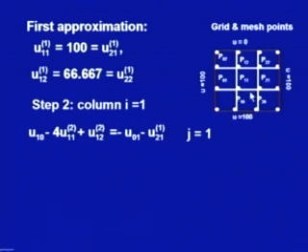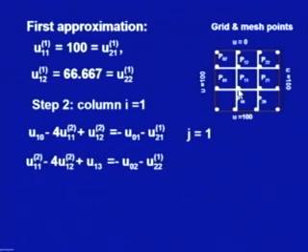Now, similarly move to the second point in this column, that is u12, the p12 point. For this we write using column 1: u11 minus 4u12 plus u13 is equal to minus u02 minus u22. Again, these 2 points are boundary points, so we write those as such, and on the right hand side u22 takes the first approximation, and the others we write as the second approximation.